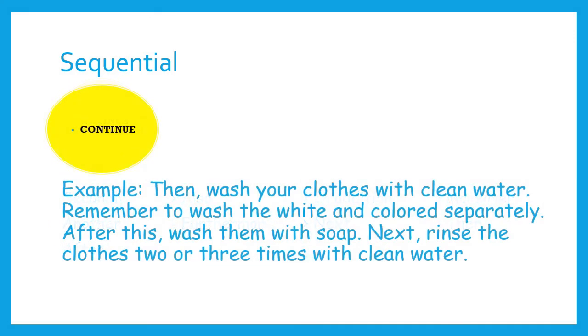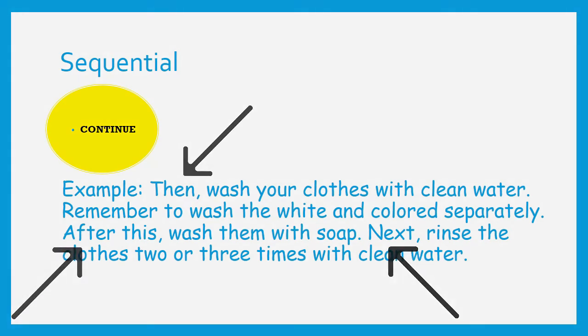Let's have this example. Then, wash the white and colored separately. After this, wash them with soap. Next, rinse the clothes 2 or 3 times with clean water. Can you identify the transition words we used? You are correct. We used then, after, and next.